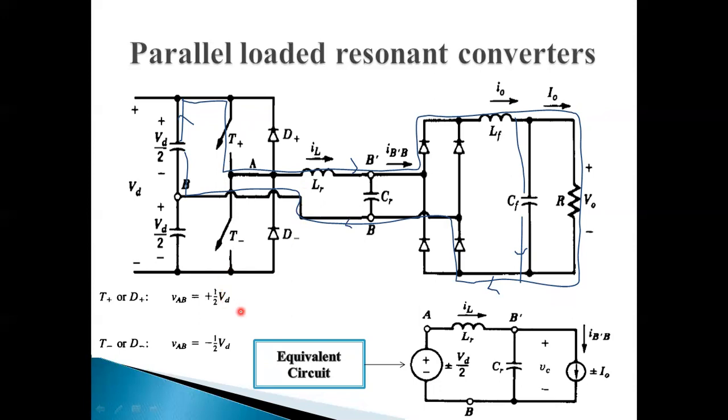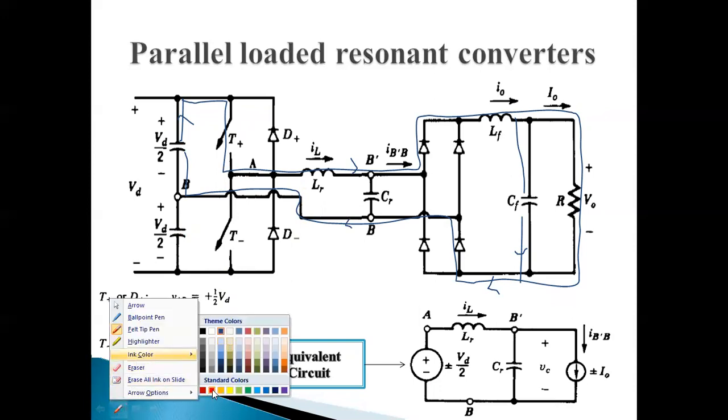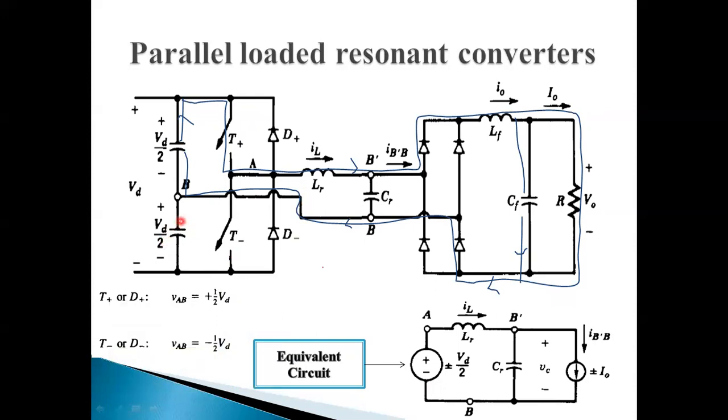And if T minus is conducting, what happens? Wait a minute, I will change the color. If VD supplies the energy at that time, this is not joint.